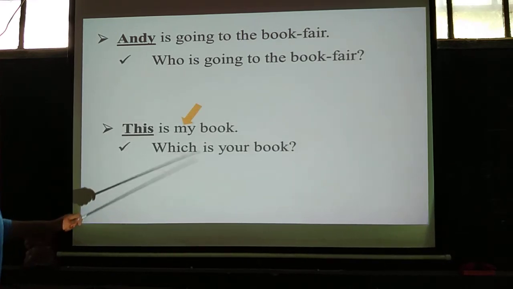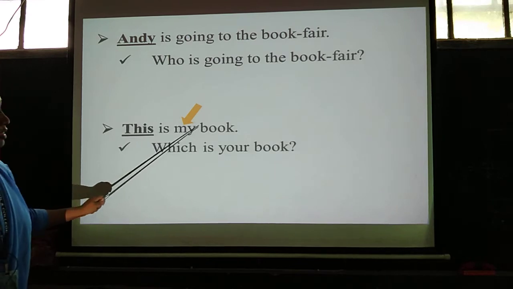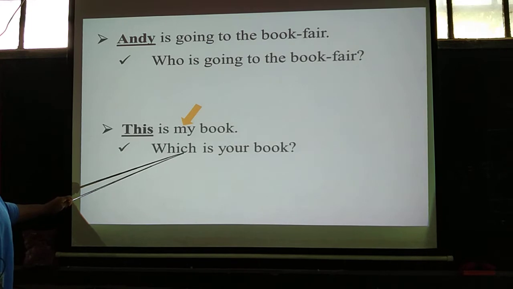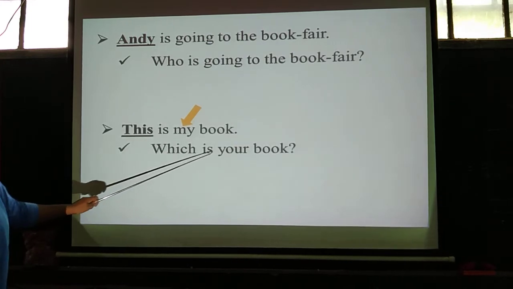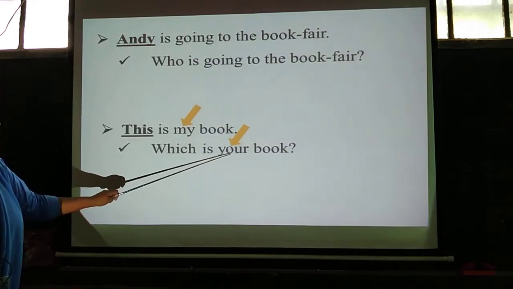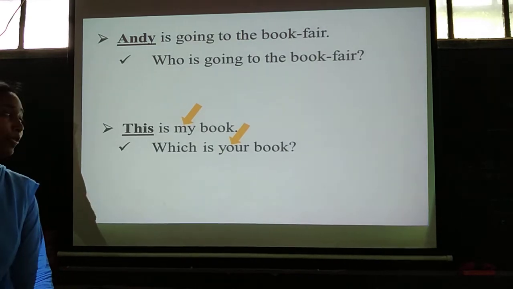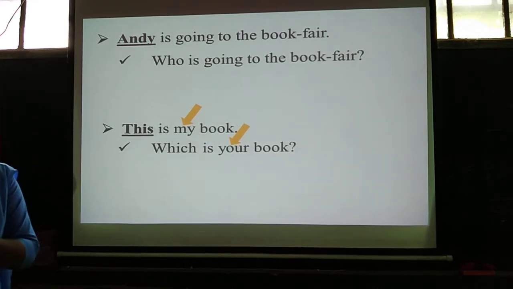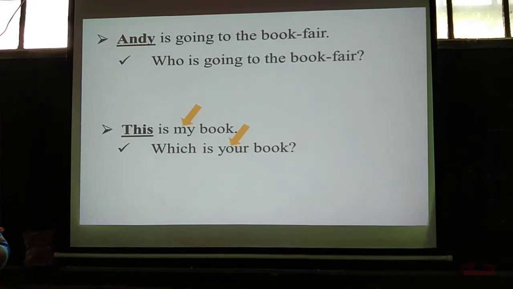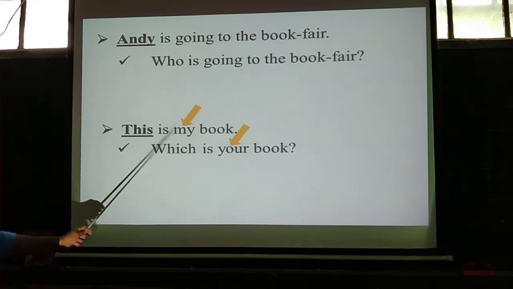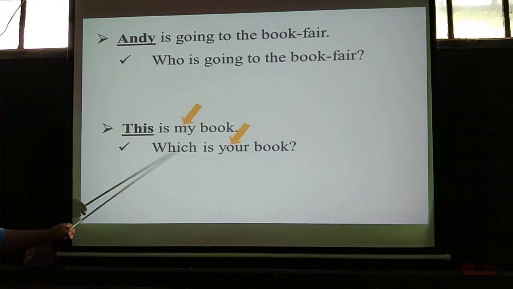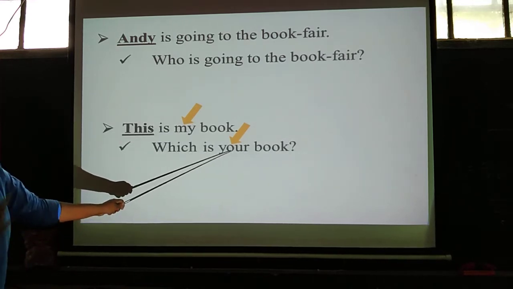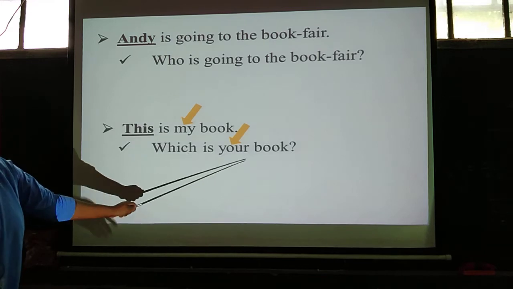In the sentence that is given, here is written my, but when we made the WH question, here we write your. You have to remember one more thing, that in the statement or in the sentence, if there is any first person, you have to turn it in second person. Like here is my, but in WH question, when you write the WH question, you have to turn it in second person, which is your book.